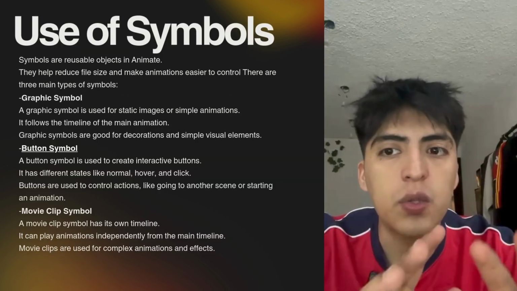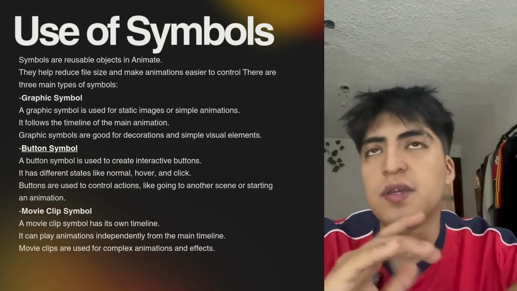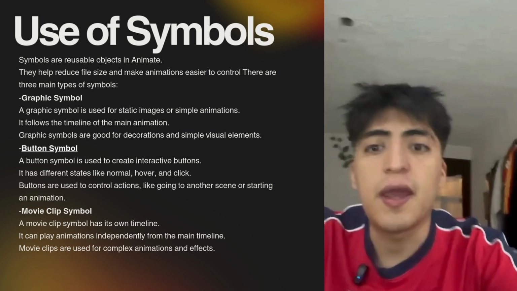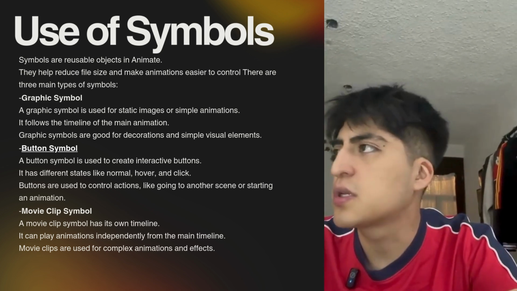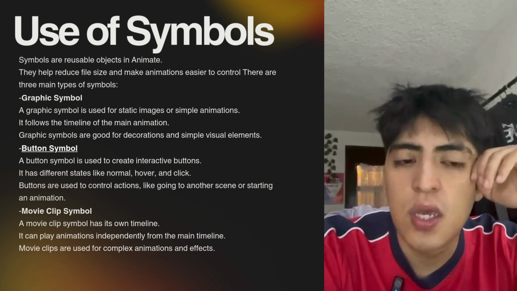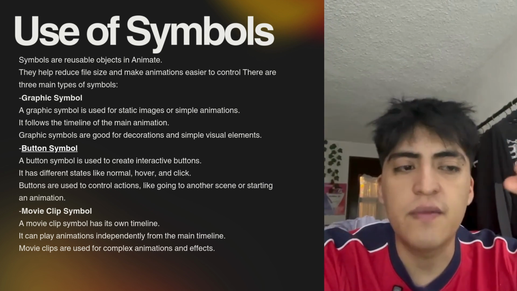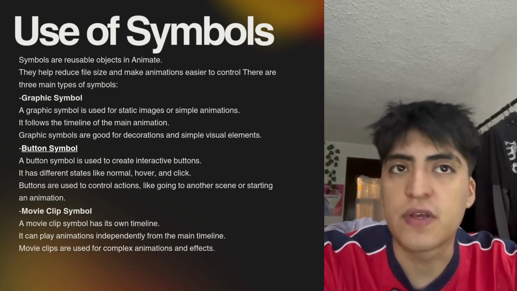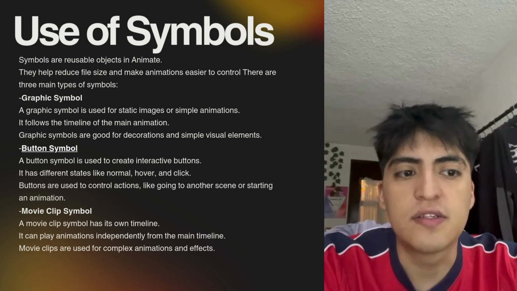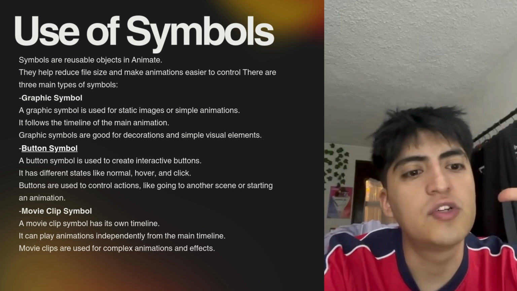Second, the use of symbols. Symbols are reusable objects in Animate, and they can help to reduce the file size. There are three types of symbols. Graphic symbols are used for a simple image or animations.